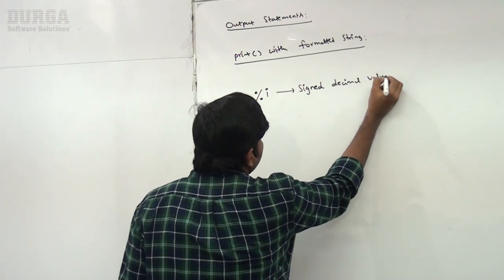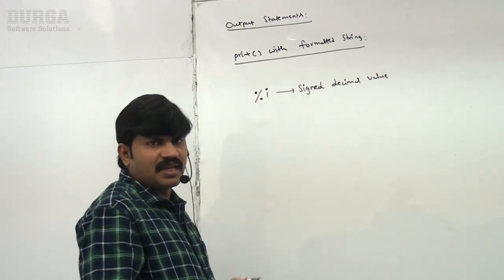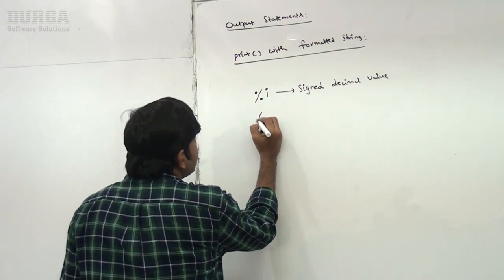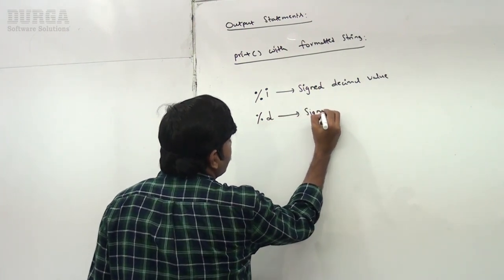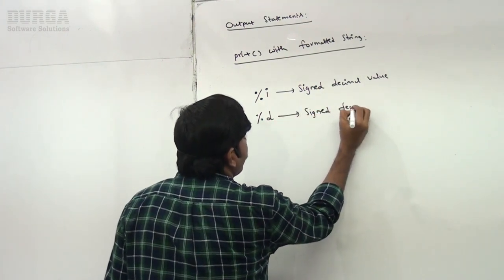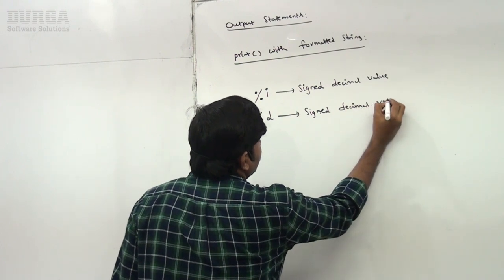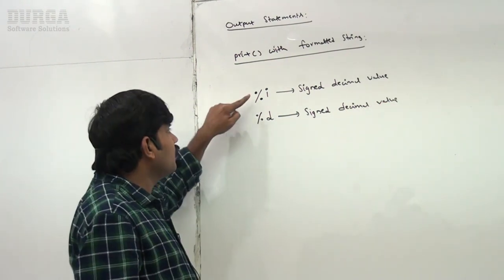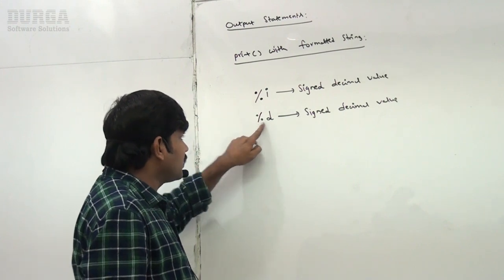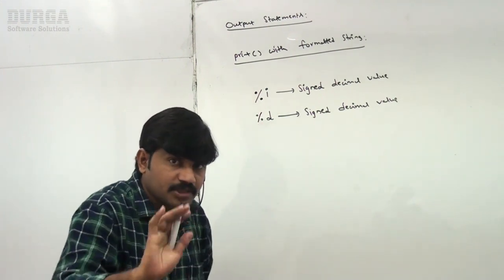Decimal value means integer. Similarly, %d is also the same, signed decimal value. So if it is the int type, you can use either %i or %d. Just be aware how to use it, I will explain.